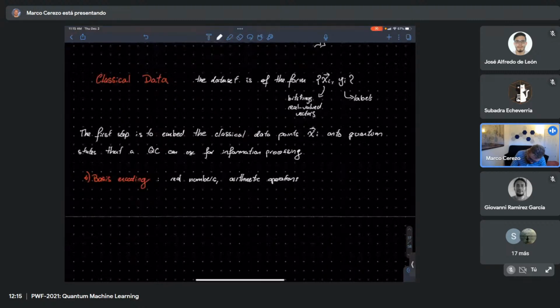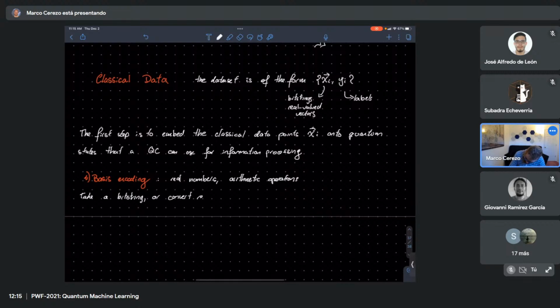The main idea is we are going to take either a bit string or convert a real valued number into a bit string representation. So here x belongs to {0,1}^m, let's assume that we have a bit string of dimension m.